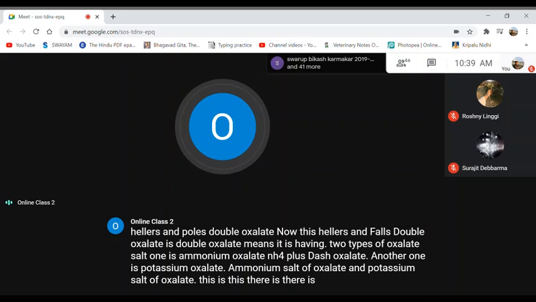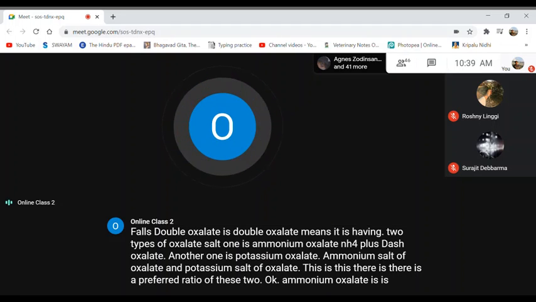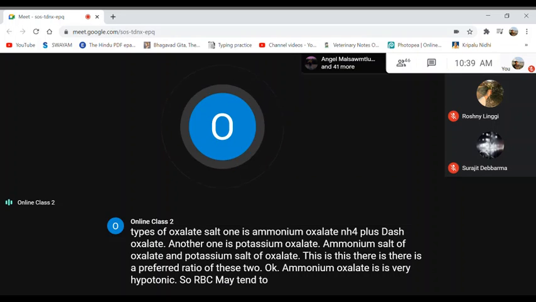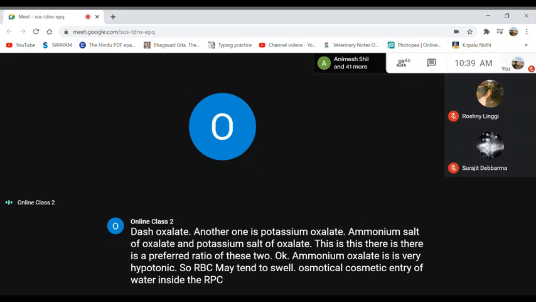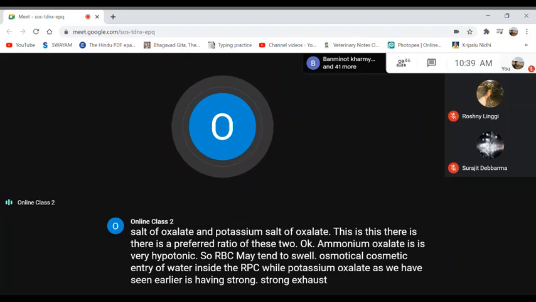There is a preferred ratio of these two. Ammonium oxalate is very hypotonic, so RBC may tend to swell, with osmotic entry of water inside the RBC. While potassium oxalate, as we have seen earlier, has a strong exosmosis action.